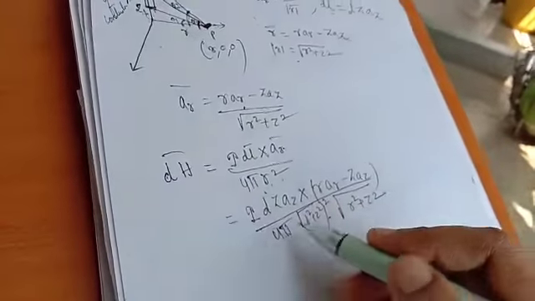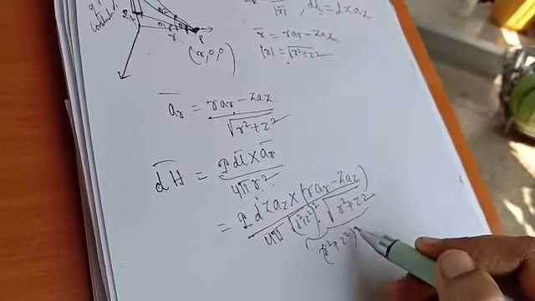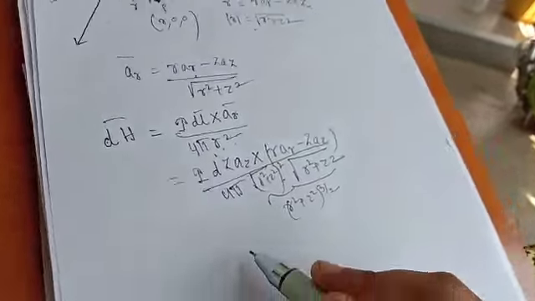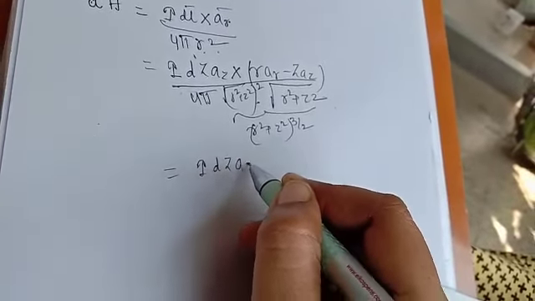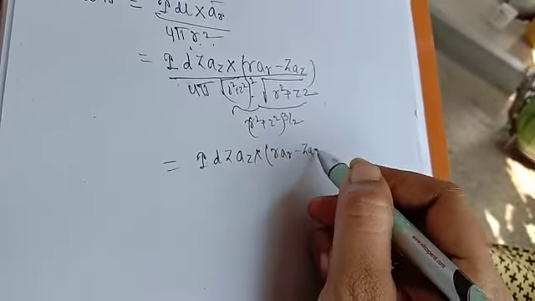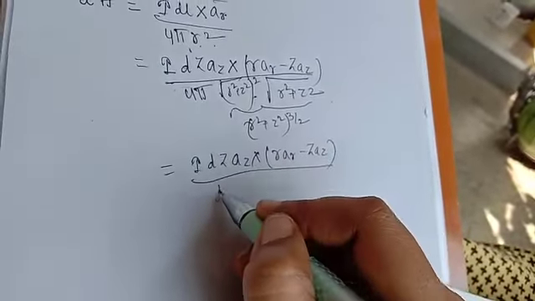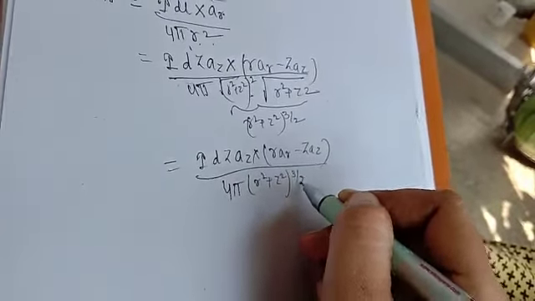So total denominator ఇక్కడ ఏమవుతుందో సేమ్ R square plus Z square whole power 3/2 అవుతుంది. So from this we'll be getting I dz AZ cross R AR minus Z AZ by 4π into R square plus Z square whole power 3/2.